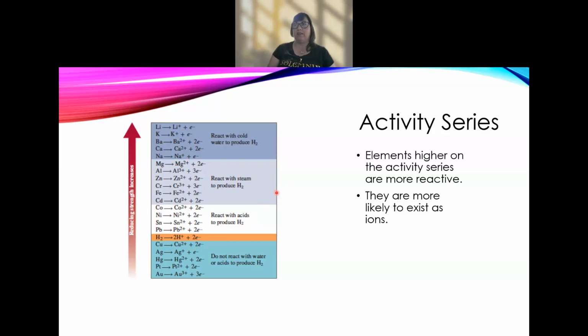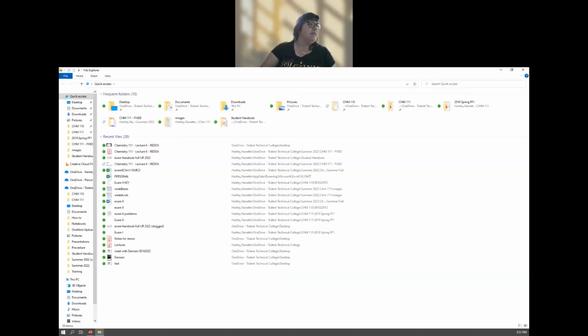So you may get a table like this on the test. I don't remember if it's in the handouts. Let me see if it is. Hold on. Bear with me, I'm pulling up the same handouts.